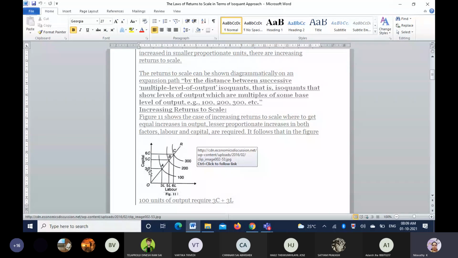So here you can see it is 5 units of capital and 5 units of labor, which means 5 minus 3, only 2 units. In the next level of production, to achieve again 100 more units of output, they are using only one more unit of capital and one more unit of labor.